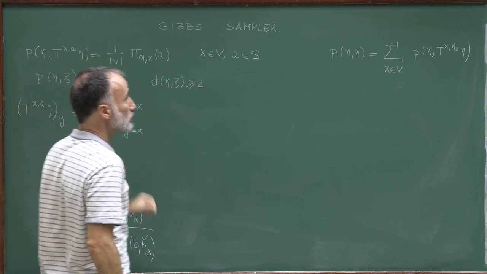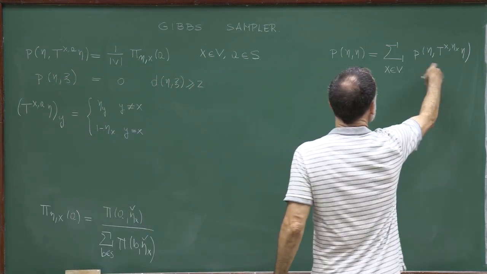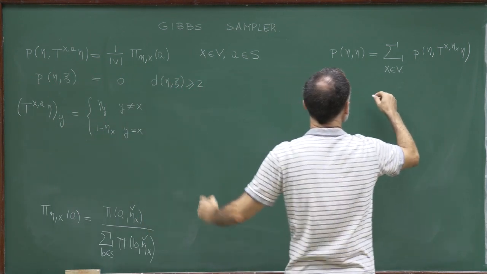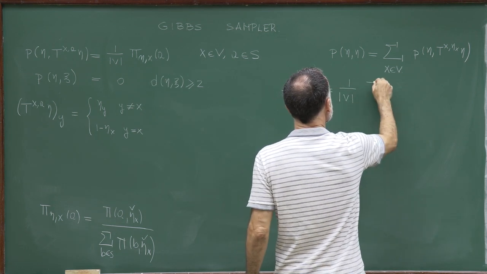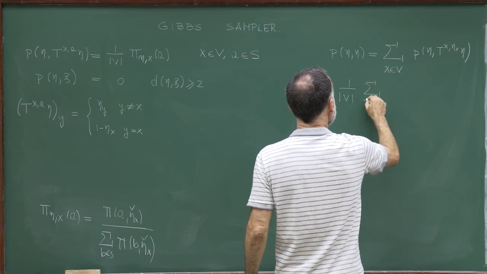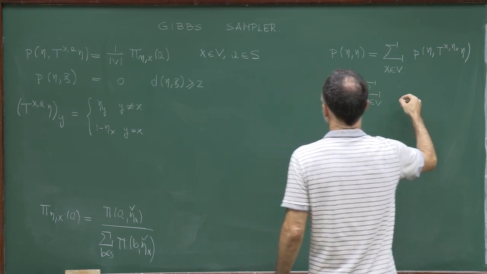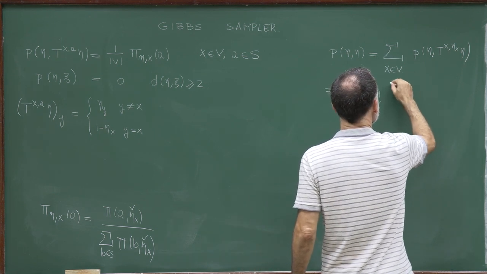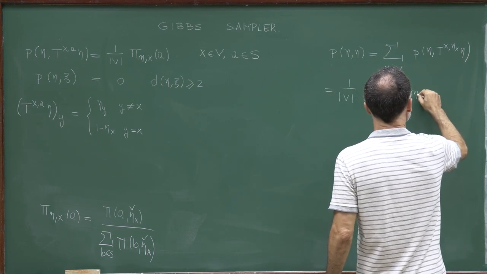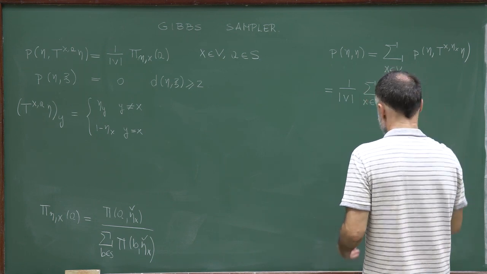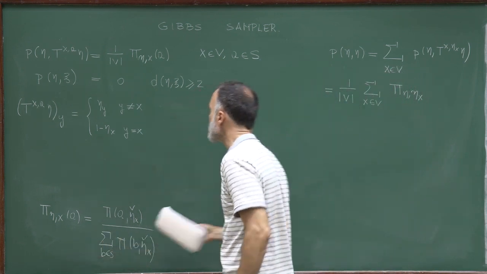So this is what I wrote here. And what is this probability? It's given by that. So this is equal to 1 over v, sum from x in v of the probability p eta x of eta x.